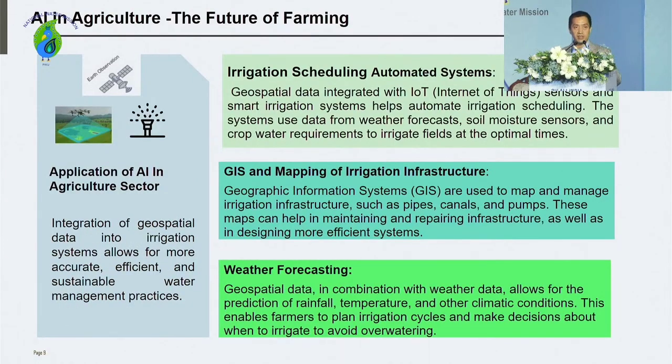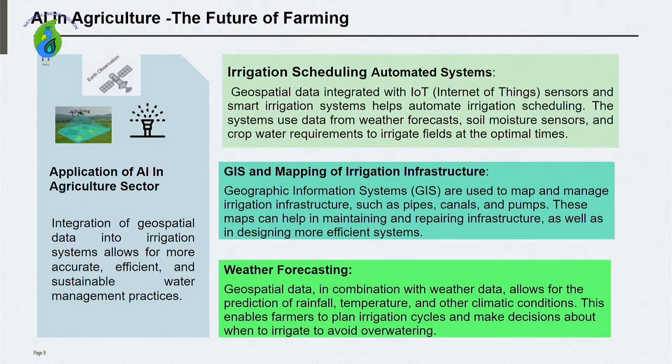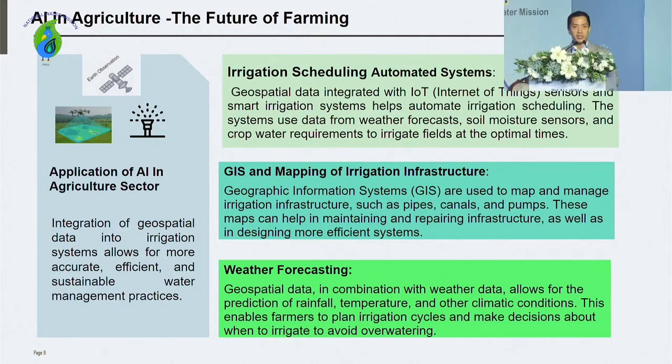We have discussed this in detail in the previous session, so I will not go deep into it. We have many technologies coming up now, use of AI, IoT, etc., linking irrigation scheduling with weather forecasting, to achieve greater efficiency of water use.